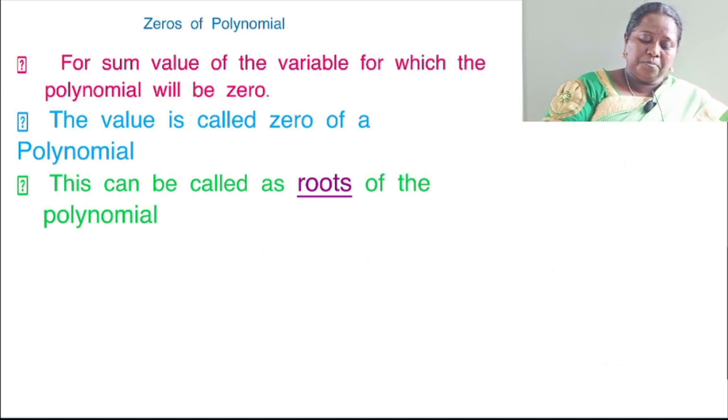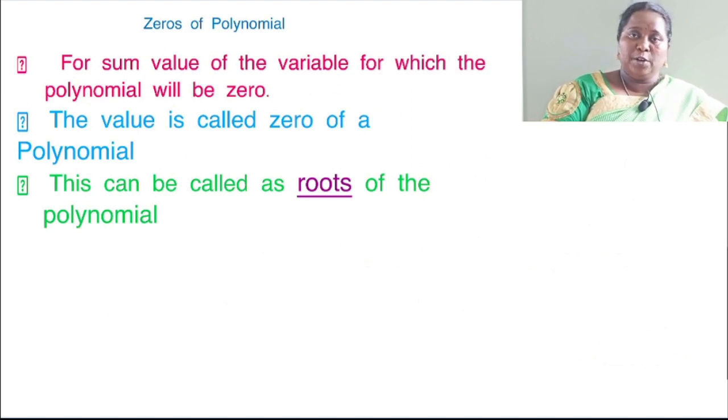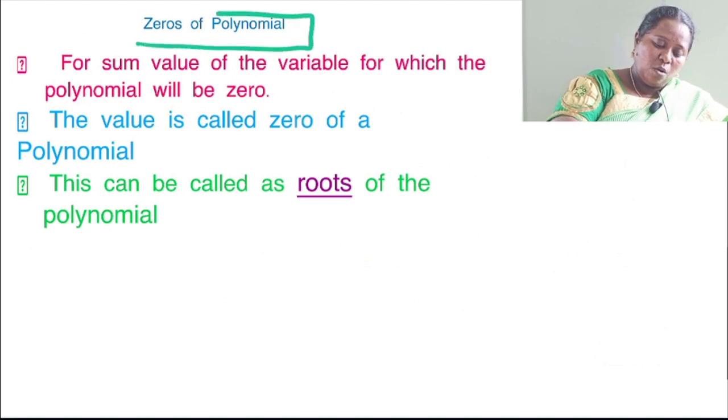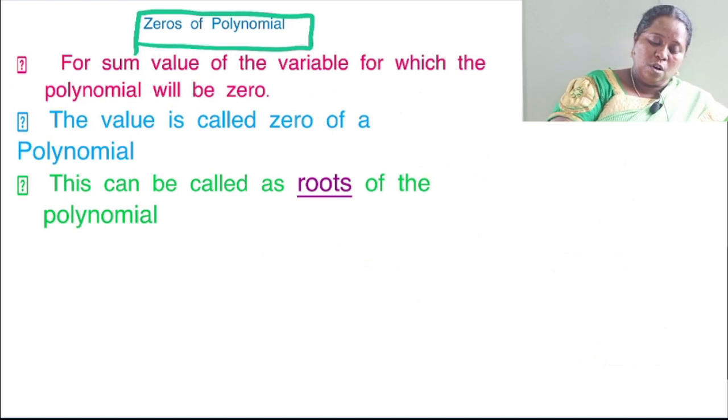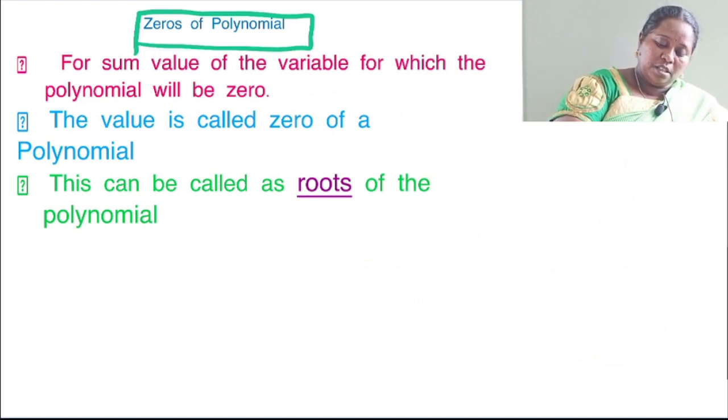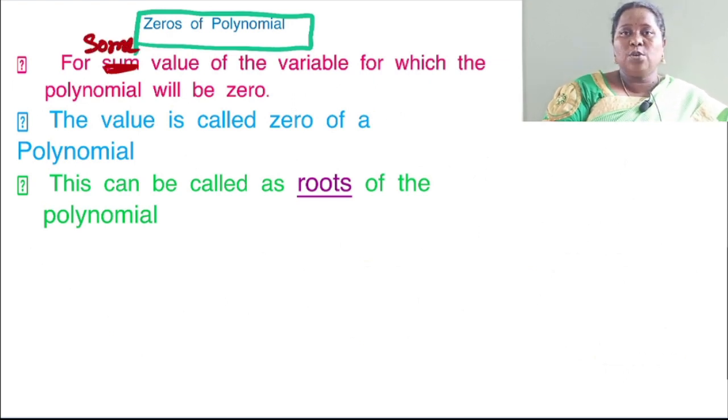Next, we are going to see about the zero of a polynomial. What do you mean by the zero of a polynomial? If for some particular value of the variable the polynomial becomes 0, that value is called the zero of the polynomial.